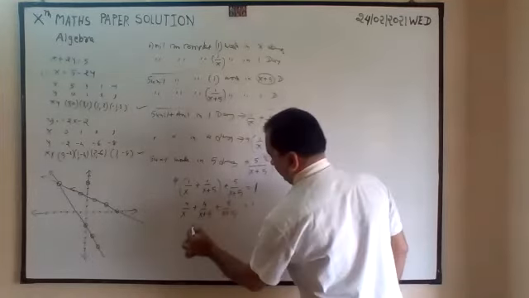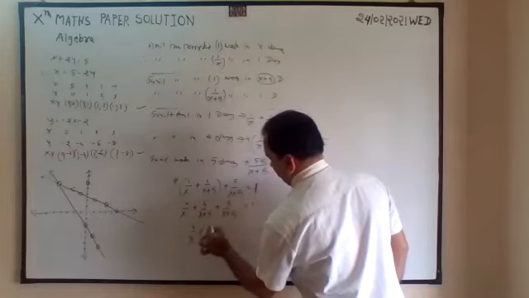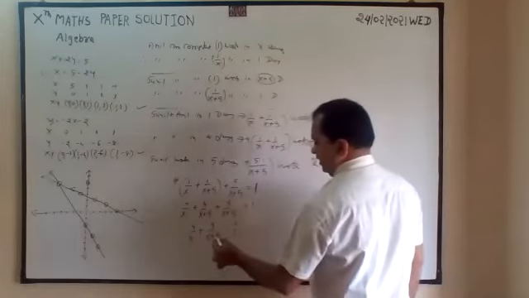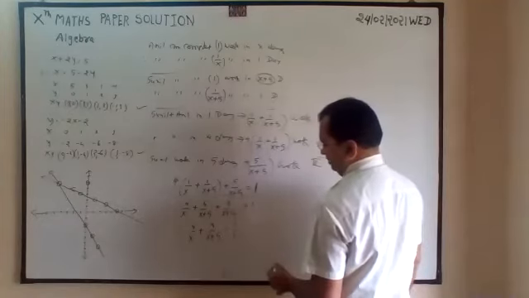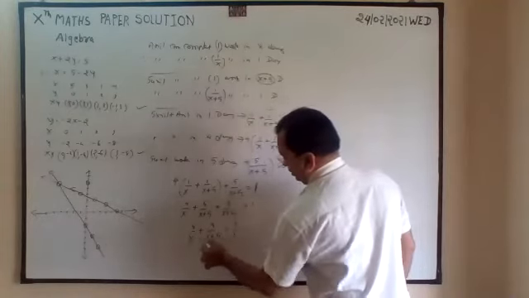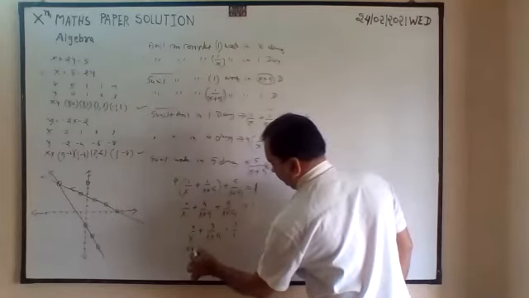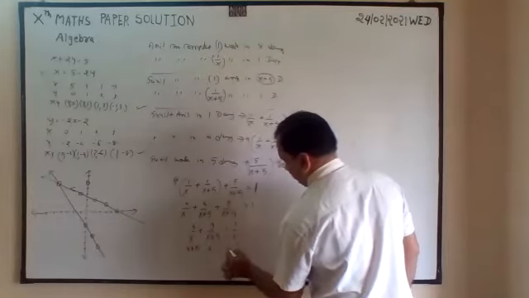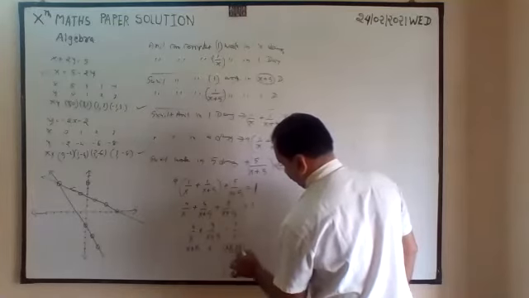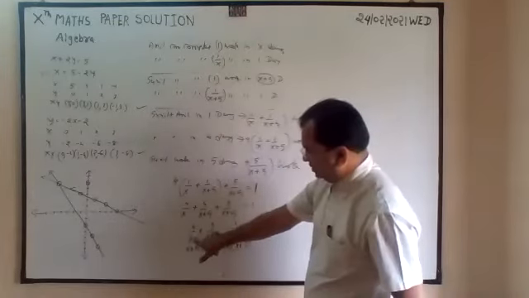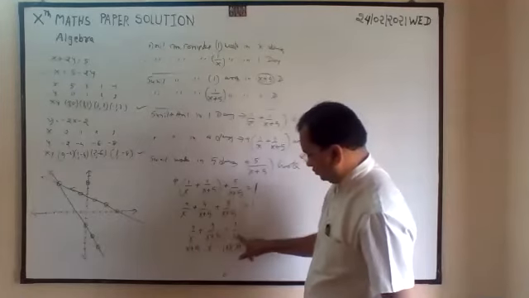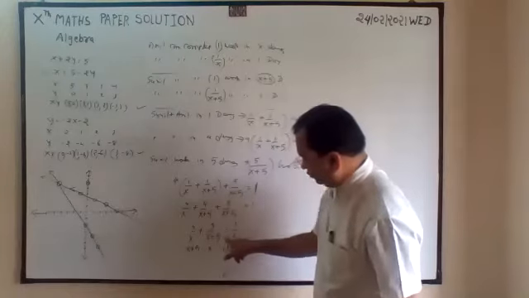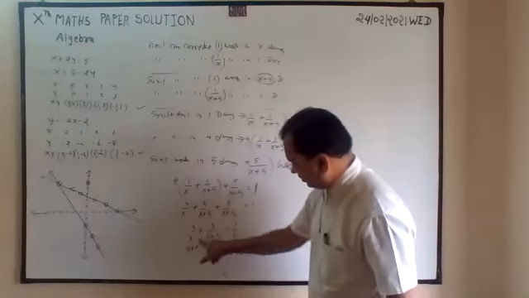So this I can combine: 4 by x plus 9 by x plus 5, with a common denominator. What is the LCM of these two, the product of the rest?